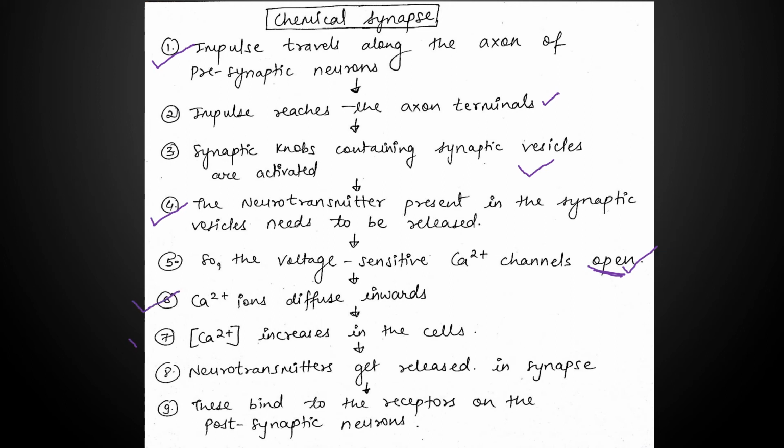Therefore, the calcium concentration increases in the cell, and that's how the neurotransmitters get released in the synapse. These neurotransmitters are then going to bind to their respective receptors present on the postsynaptic neurons. And that's how the signal got transferred from the presynaptic neuron to the postsynaptic neuron with the help of the neurotransmitters.